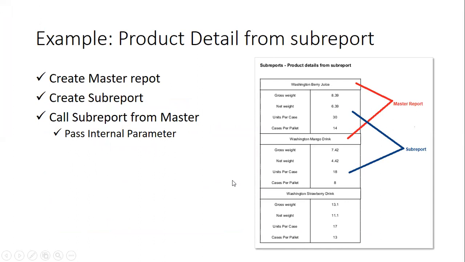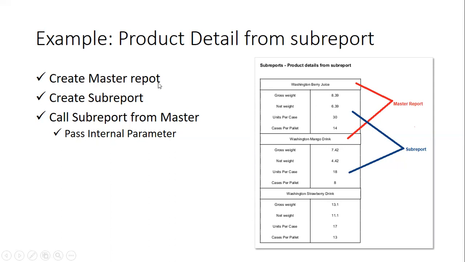Now let us see how we can create a sub-report and how we can call a sub-report from a master report. I am considering a scenario of product. So we are going to display the product name from the master report, and product details such as gross weight and net weight from the sub-report.